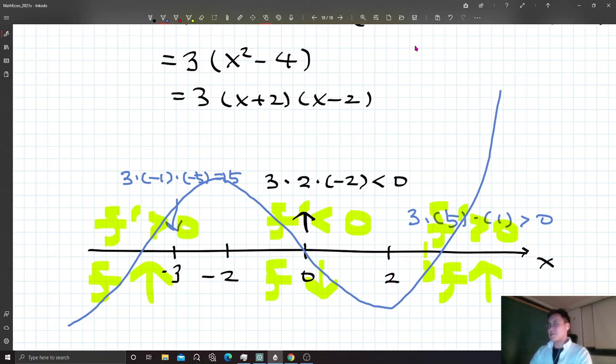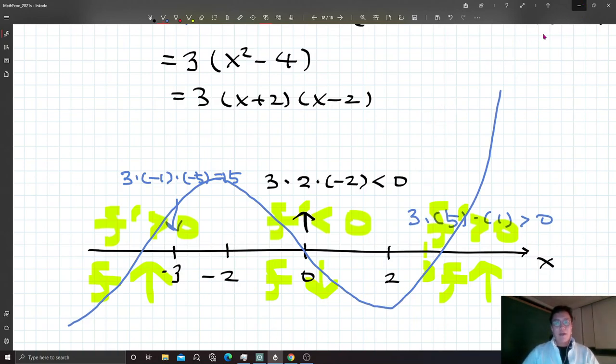If the slope of the tangent line is negative, it means the function is instantaneously decreasing. Or if the slope of the tangent line turns out to be positive, in other words the derivative takes a positive value, the original function is instantaneously increasing.